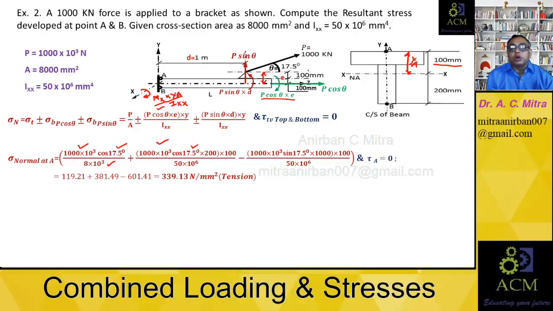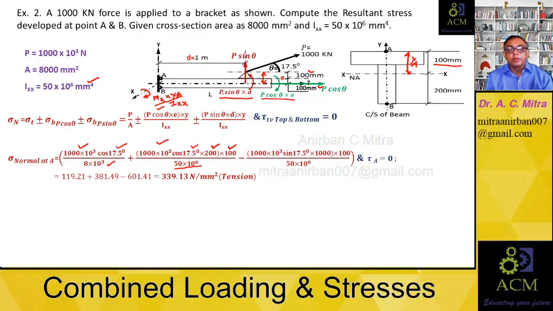This value is equal to 100 plus 100, so it will be 200 mm. YA is 100, divided by Ixx along the x-axis as the moment is applied along that x-axis. Ixx is given in the problem as 15 into 10 raised to 6 mm raised to 4. So you put all these values.